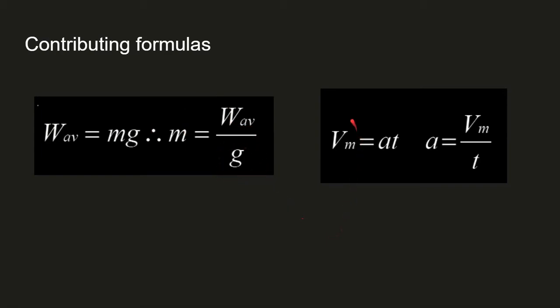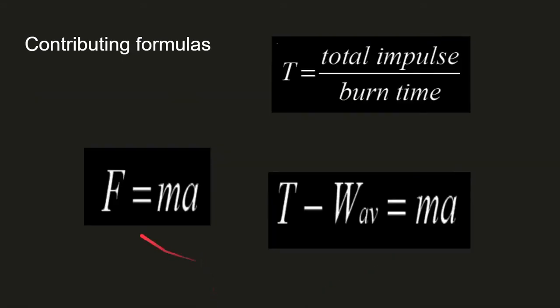Another thing we need to recognize is that our velocity is dependent on acceleration and time. Therefore, acceleration is your average velocity divided by time. I'm not going to use the subscript here, but this is average velocity, and this is the time that the rocket is accelerating. First I want to talk about thrust.